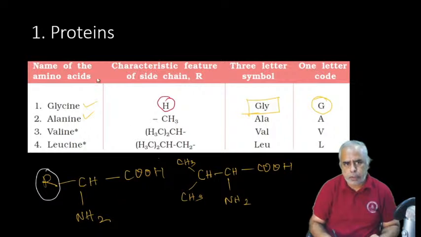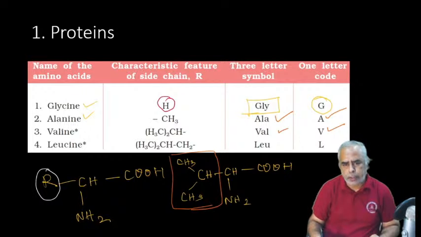So this part is called the isopropyl group, and that is known as valine. So it is represented by V. Alanine by A. And alanine can also be represented by three letter symbol Ala. Similarly, valine, that is VAL.